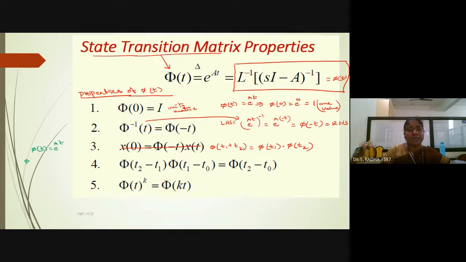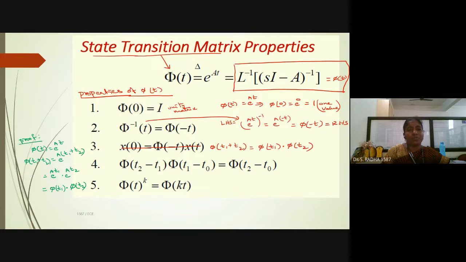If you take phi of t1 plus t2, in the place of t we have to put t1 plus t2. Base is same, so you can separate the powers. You can write this as phi of t1 into phi of t2. That is the proof for the third point.